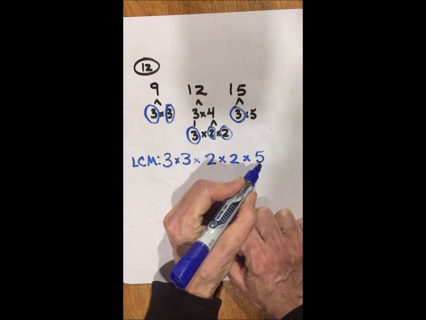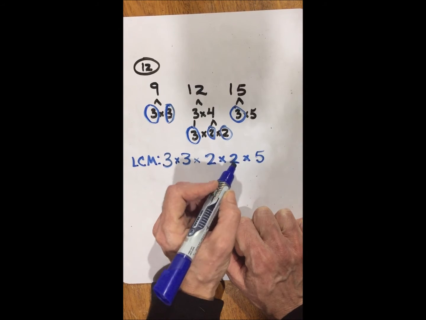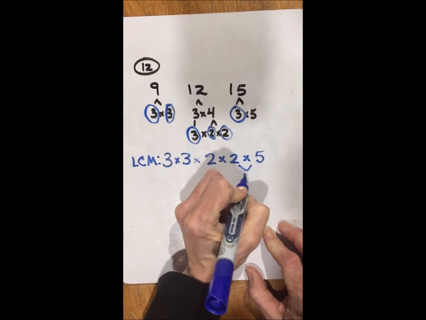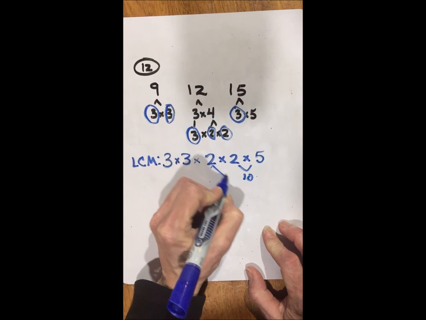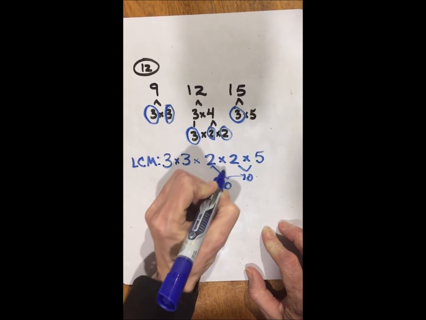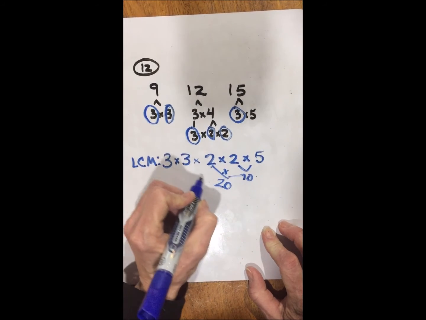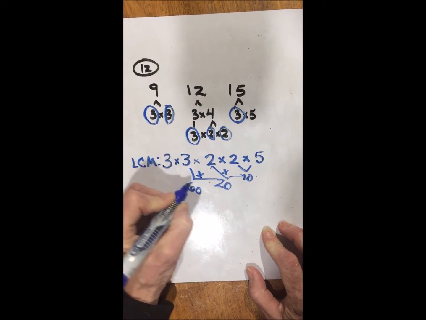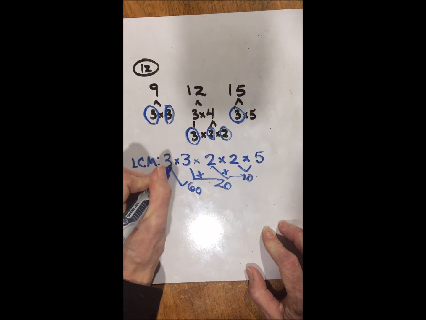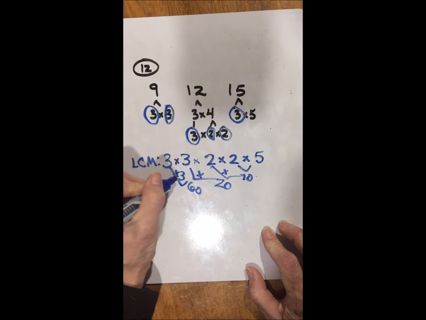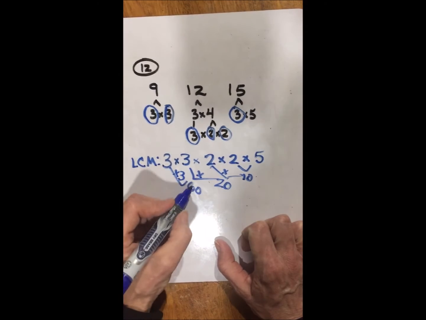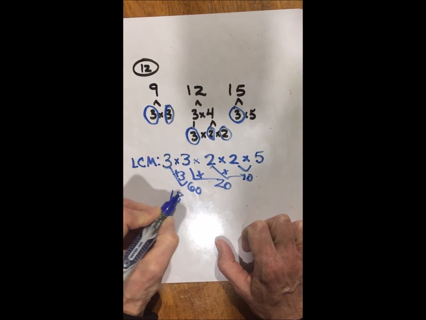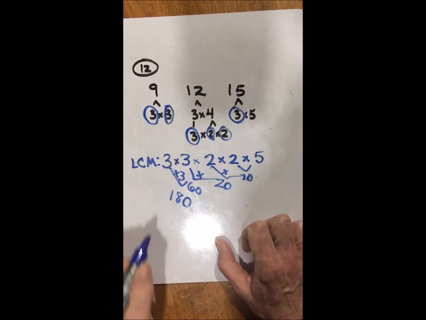So let's go over here. 5 times 2 is 10. 10 times 2 makes 20. 20 times 3 is 60. I'm working my way across. 60 times 3, that was left. 6 times 3 is 18, and then you add the 0.